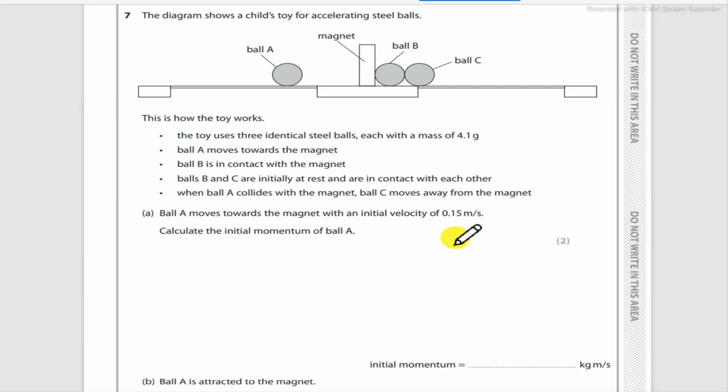Ball A moves towards the magnet. Ball B is in contact with the magnet. Balls B and C are initially at rest and are in contact with each other. When ball A collides with the magnet, the ball C moves away from the magnet.